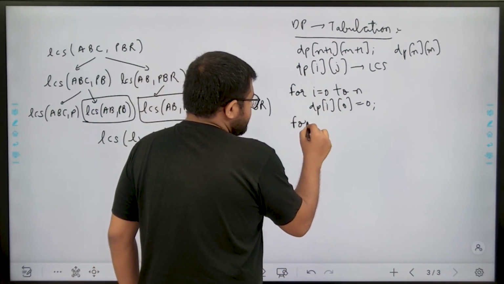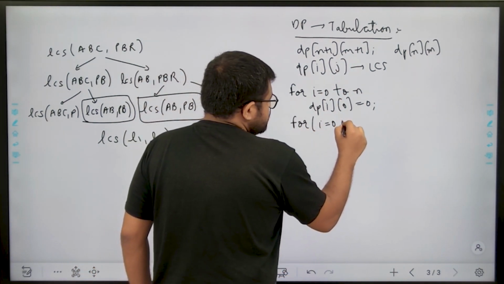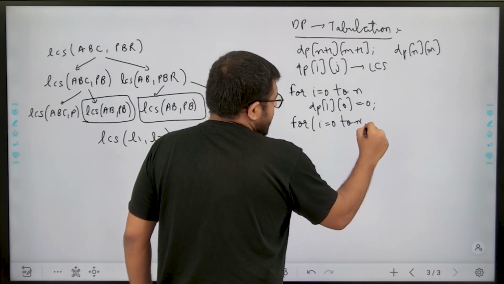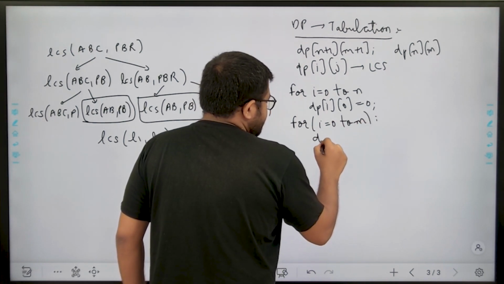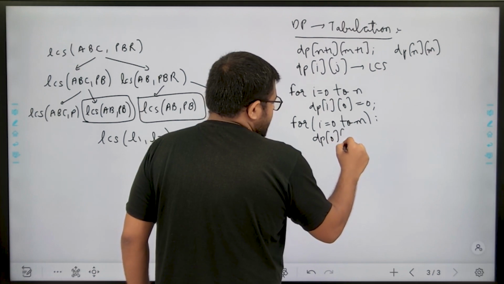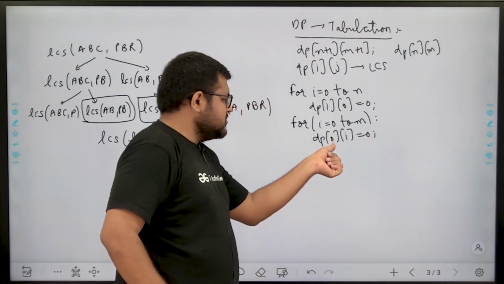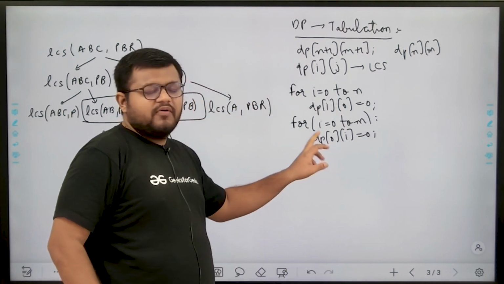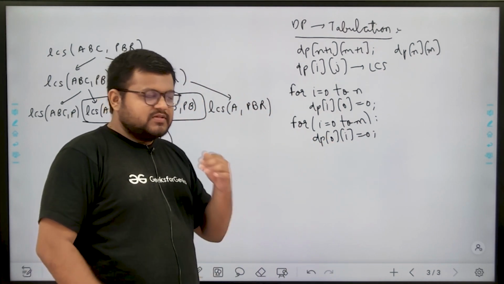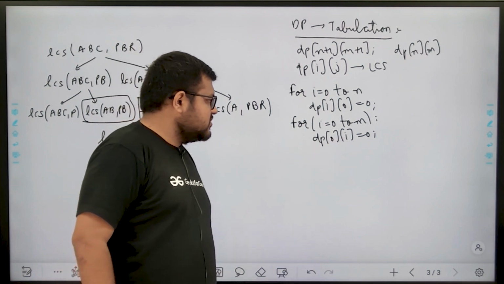Similarly, for i equals 0 to m, dp of 0 comma i is 0, because if I am considering a 0 length prefix of the first string, then the subsequence length would also be 0.